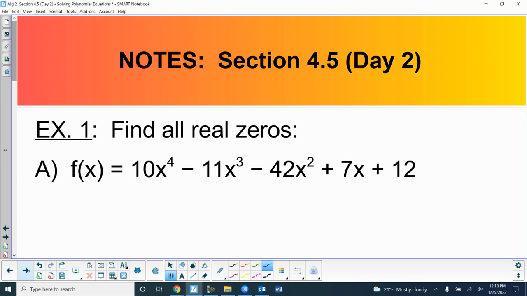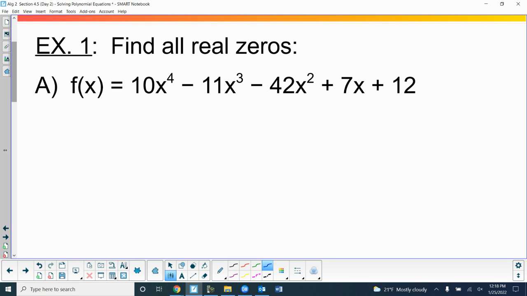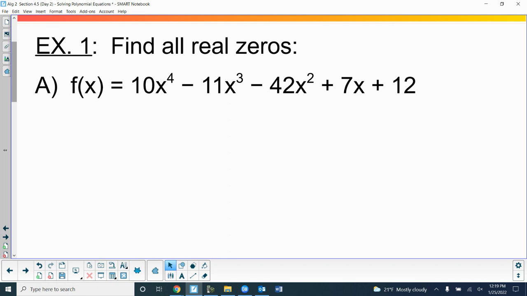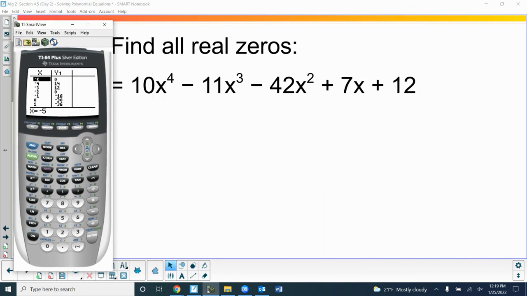Put that in your calculator and graph it, please, because the calculator is going to find these zeros for us.